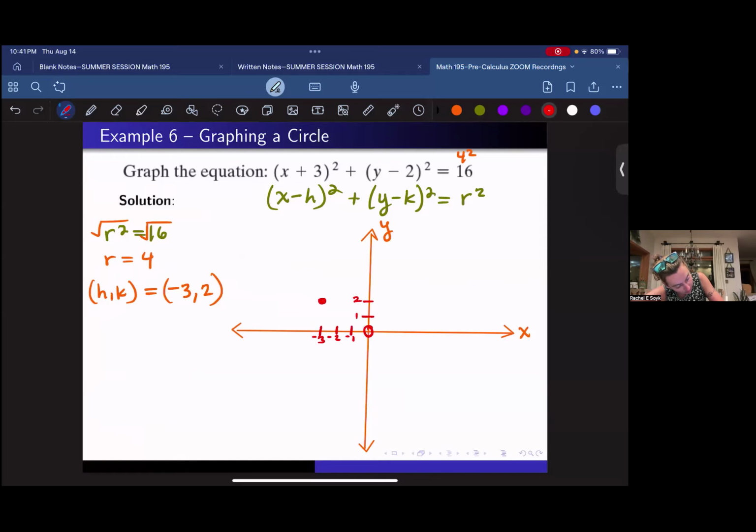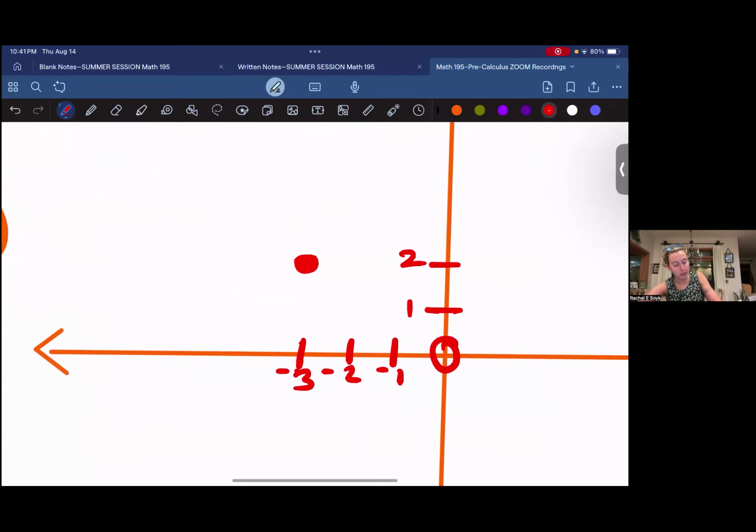All right, that's our center point, and we'll label it -3, comma 2, center point. Put H, comma, K.